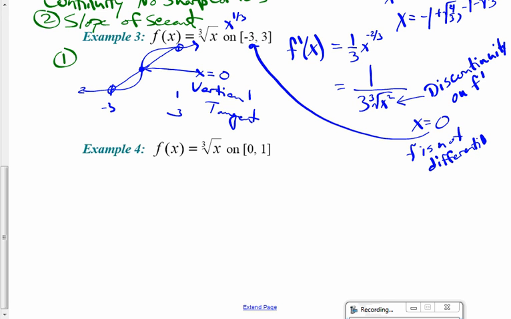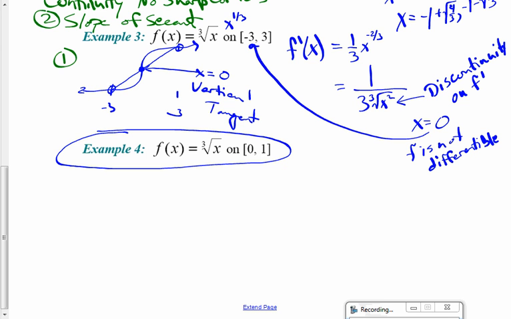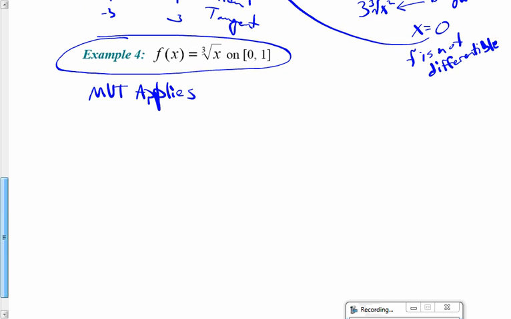And the reason that this last example is on here is because on example 4, same function, different interval, the MVT actually does apply. And if you look carefully at the notation, and I'm hoping not to trick you on this, MVT applies, number one, because f is continuous on the closed interval.